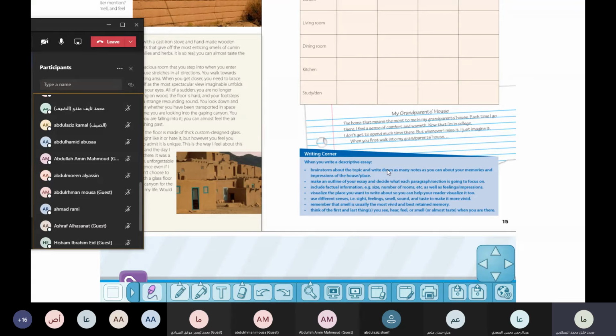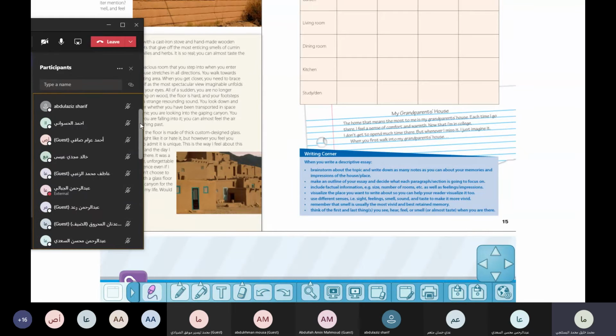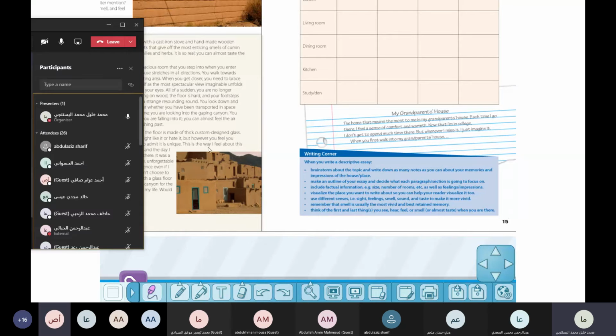Now, what about the second? Who can read the second point? Ahmed Azam, read the second point. Make an outline of your essay and decide what each paragraph section is going to focus on. Good.